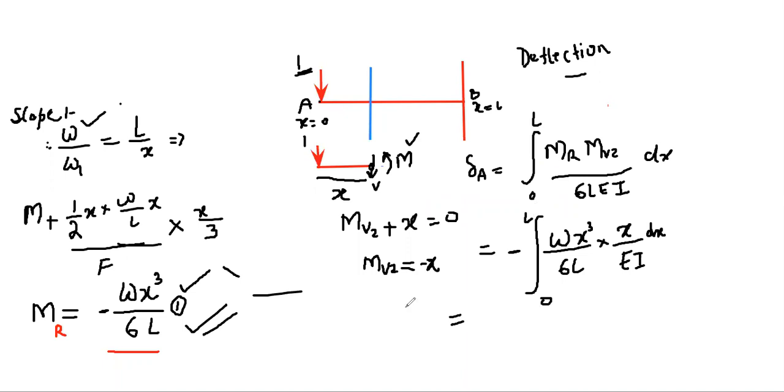Therefore the deflection at point A becomes equal to, W is constant, that will come out, and 6 LEI is constant, that will also come out.